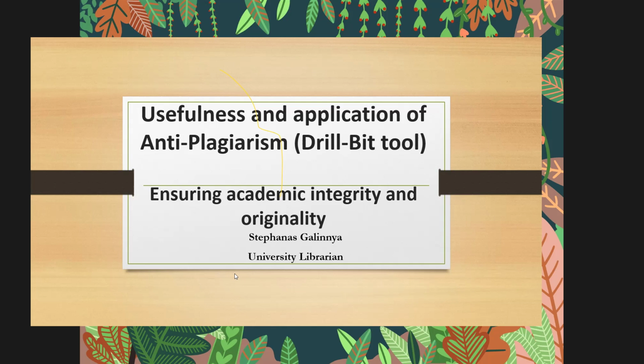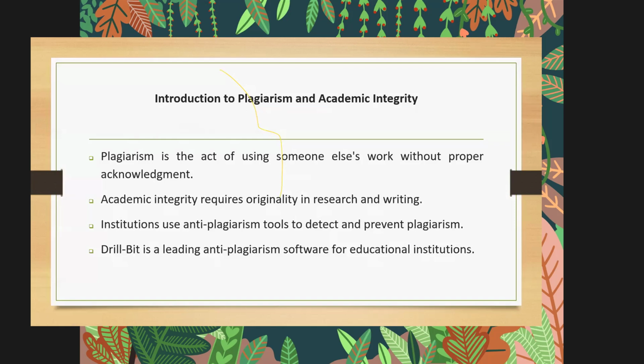I think we can continue now. The usefulness and application of the anti-plagiarism Drillbit tool. This is a tool which has been subscribed to this year by the university. Introduction to plagiarism and academic integrity.